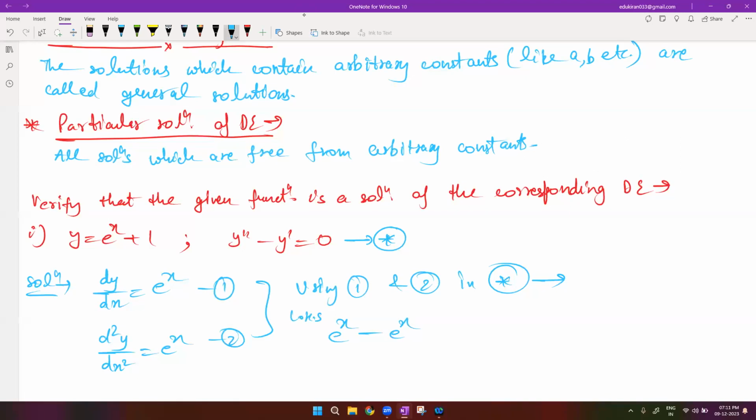So we are just considering the LHS. You can see that the LHS is equal to 0, which is the RHS. If LHS is equal to RHS, we can definitely say y is equal to e to the power x plus 1 is a solution of y double dash minus y dash is equal to 0.